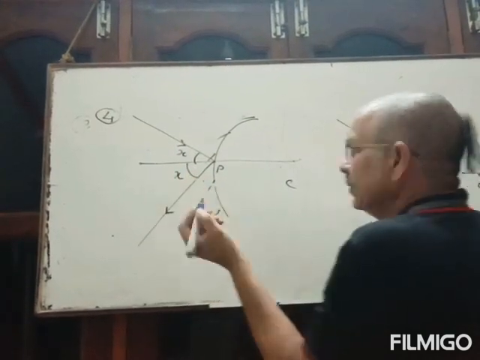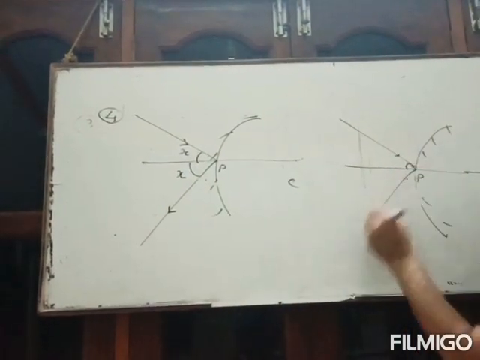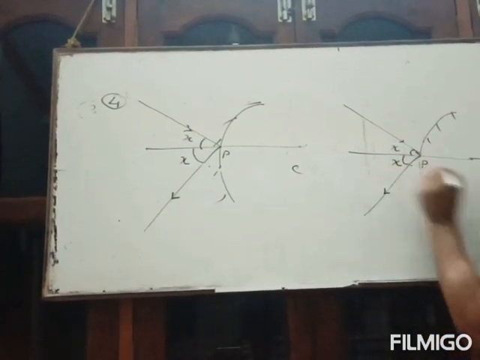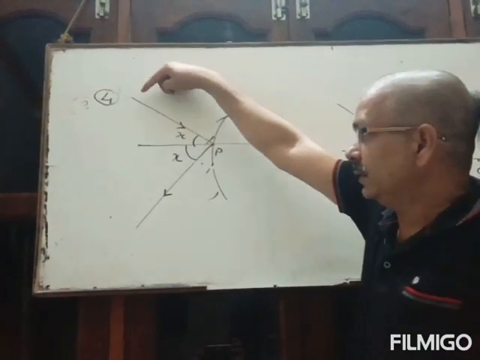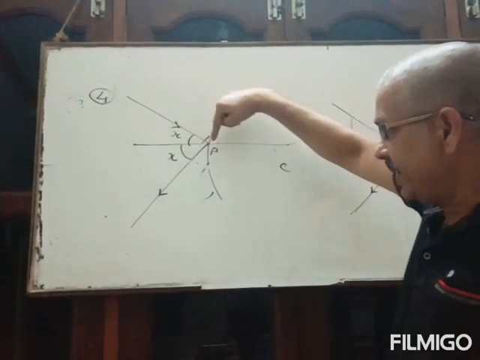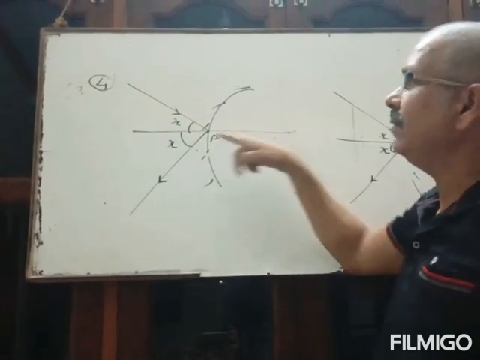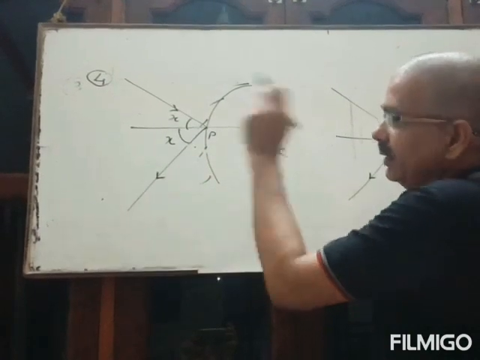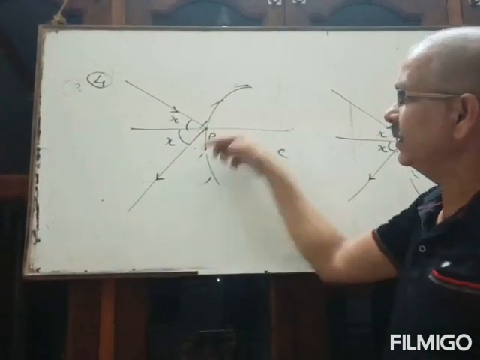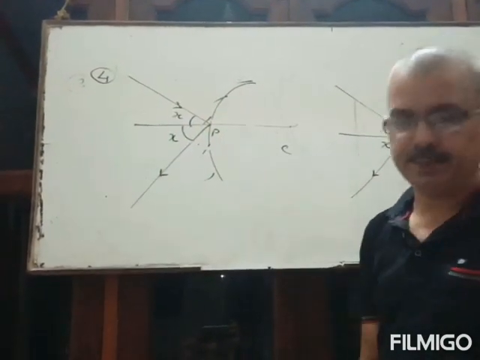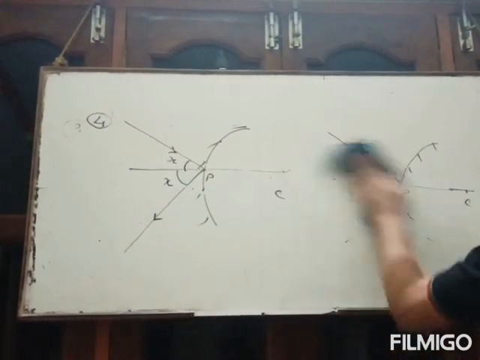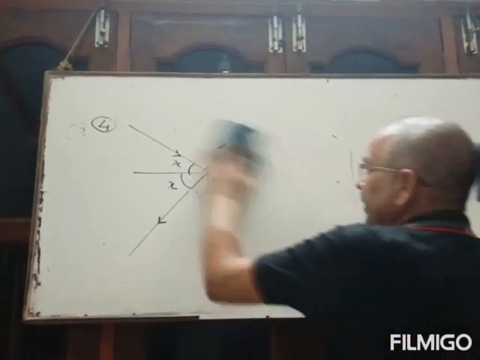It means it follows the law of reflection also. Similarly, in the case of the convex mirror also, if this angle is x, it will also be x. The fourth law: if light is incident directly at the pole by making an angle from the principal axis, then after reflection it moves in such a way that the angles between the incident ray and principal axis and the reflected ray and principal axis are the same. So these are the few laws of image formation for concave mirror as well as convex mirror. All about laws of image formation.